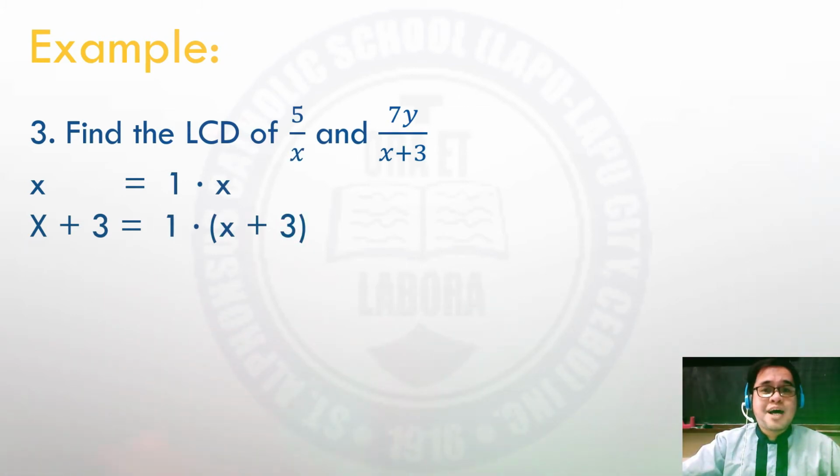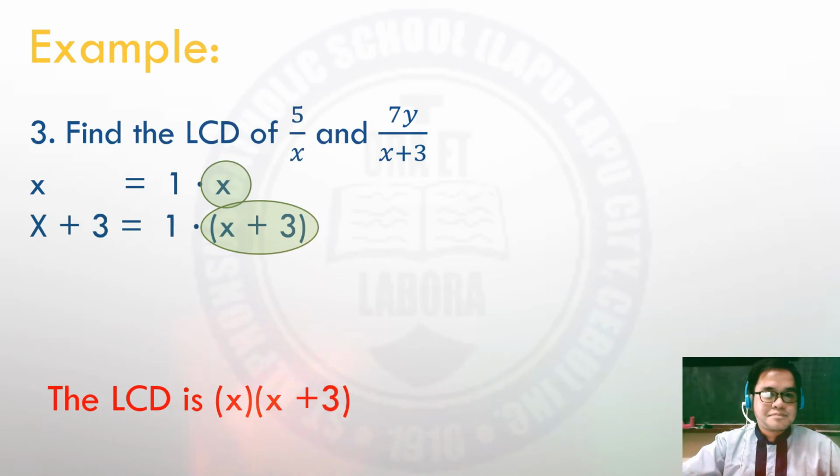If that happens, highlight right away the denominators. Now, if one of the factors is in 2 terms just like x plus 3, then do not get their product to combine, but instead just write the 2 factors accordingly. And the LCD is x times the quantity of x plus 3.